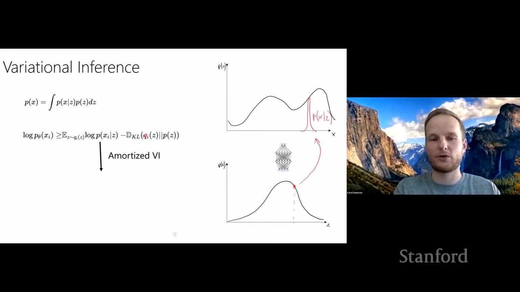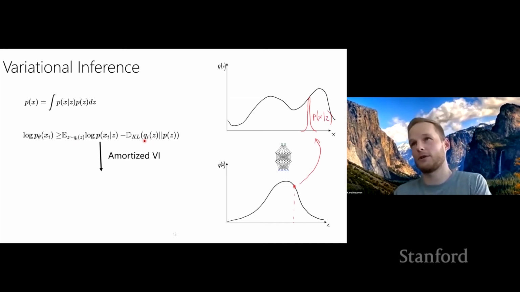So far we introduced qi of z, which is a distribution over z that is specific to that particular data point. So we'll have as many q of z distributions as we have data points, which in the era of deep learning is a very large number. We don't necessarily want that.